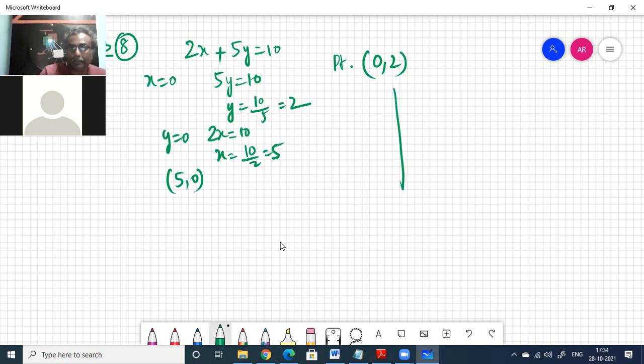So the line is like this, 0, 2 and 5, 0. Let's put like that, 5, 0. Okay, so all this is feasible area.